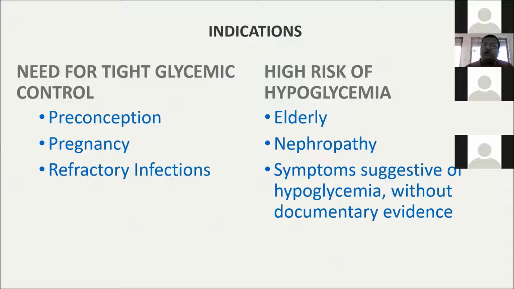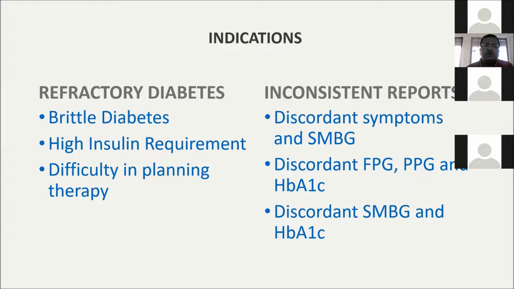Now, why did the requirement of this visual representation come? Because there was a need for tight or appropriate glucose control in certain groups, like those who are pregnant, those before conception, or if infections are not getting controlled. And the worrisome factor in the treatment of diabetes, that is, those with high risk of hyperglycemia, like the elderly, or those who have a very fluctuating manner of glucose control, those with refractory diabetes.